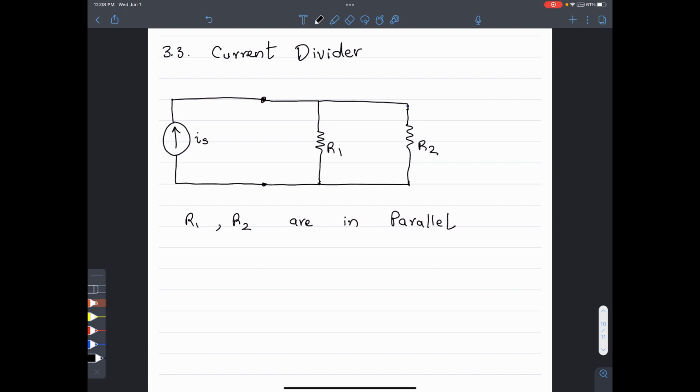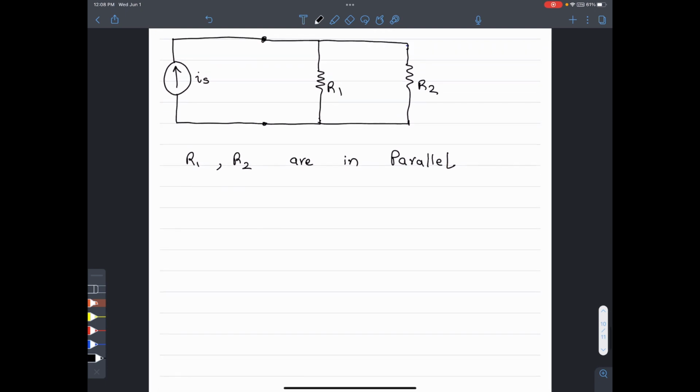So in other words, what you can do is to replace the two resistances with one equivalent resistance, R equivalent, with everything else unchanged in this circuit.